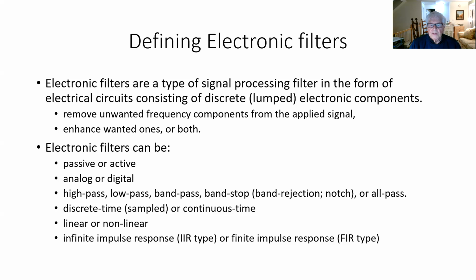Or we can use a band stop, which rejects that particular frequency we want to get rid of, if it's an annoying frequency, such as a specific noise. Also called a notch, or all pass. Okay.